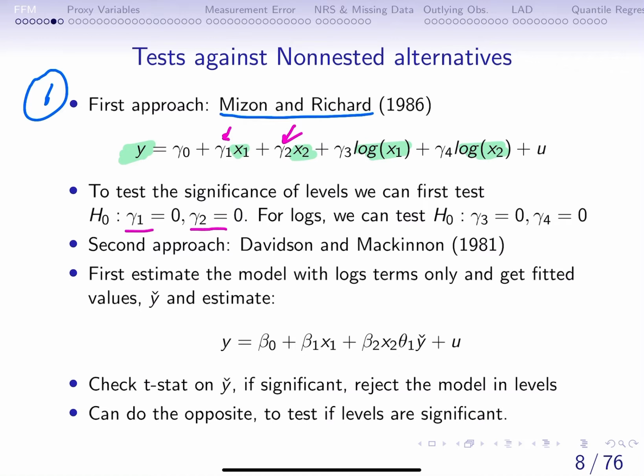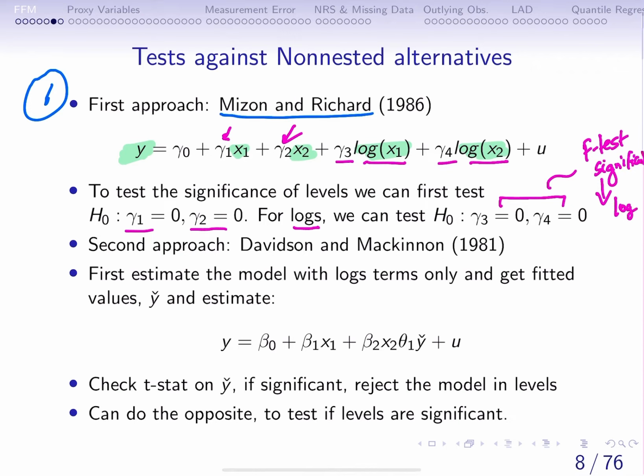And to test the significance for logs, we can test if gamma 3 and gamma 4 are jointly equal to 0, right? So that's how you go about it. And if, let's say, you were testing for this, for example, and your F-test is significant, then you would basically infer from this that keeping these variables in log form is important. Okay, so logs become important in the functional form in how they're introduced.